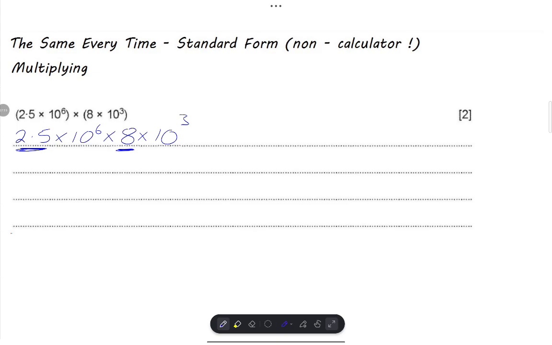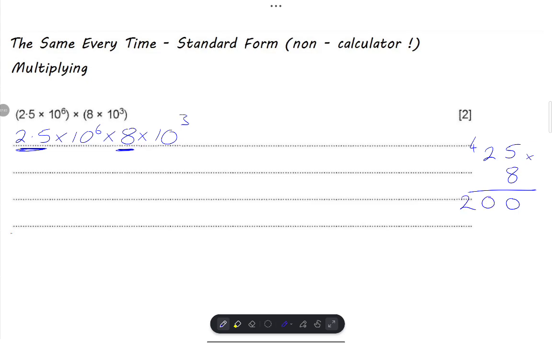So 2.5 times 8. Well, doing all this non-calculator, we can do this, I suppose, a different method this time. 25 times 8. Do the calculation without the decimal point. 8 times 5, 40. 8 times 2, 16. Add the 4 gives me 20.